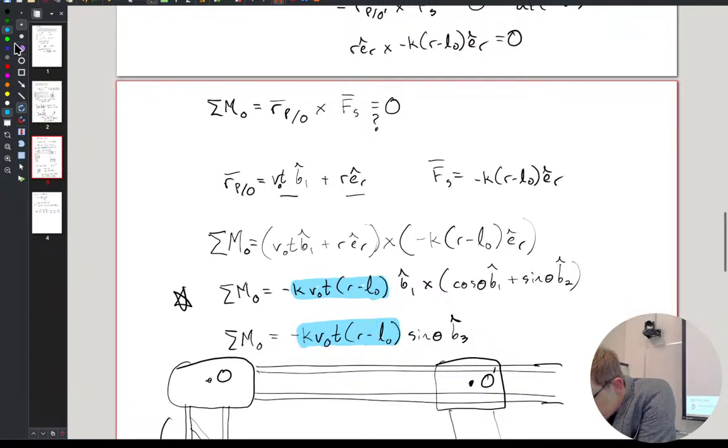And then let's do another. And then we'll do pink for our cross products. Yeah, thanks.